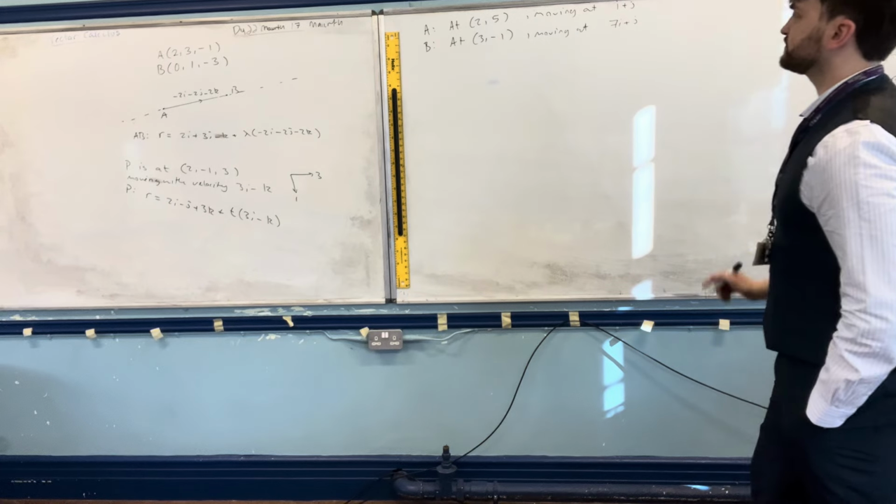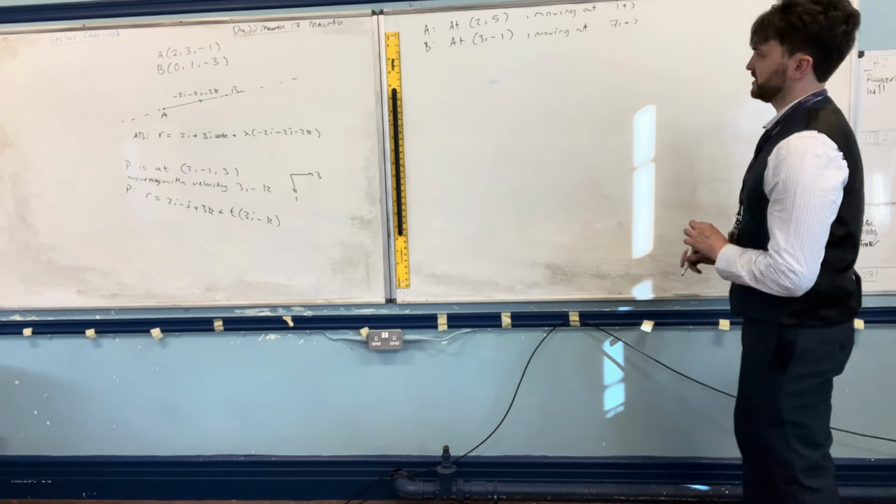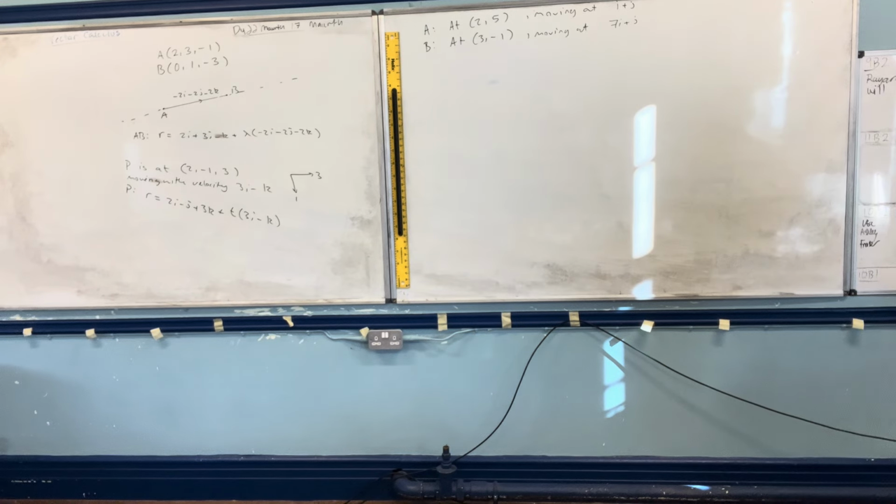Okay, so essentially these two planes, can we model their paths with vector straight lines?